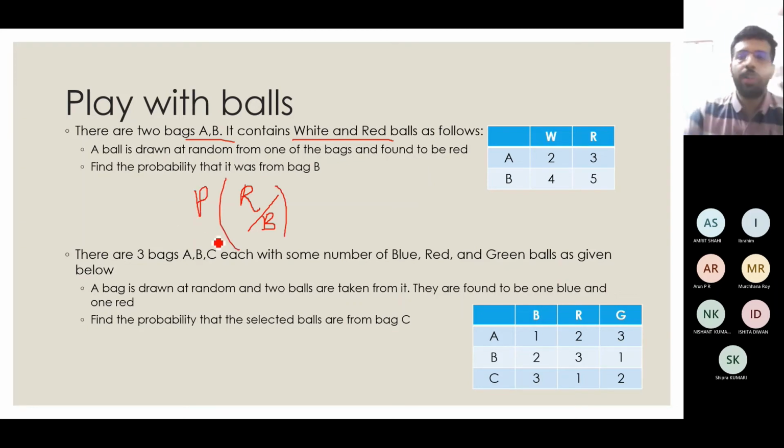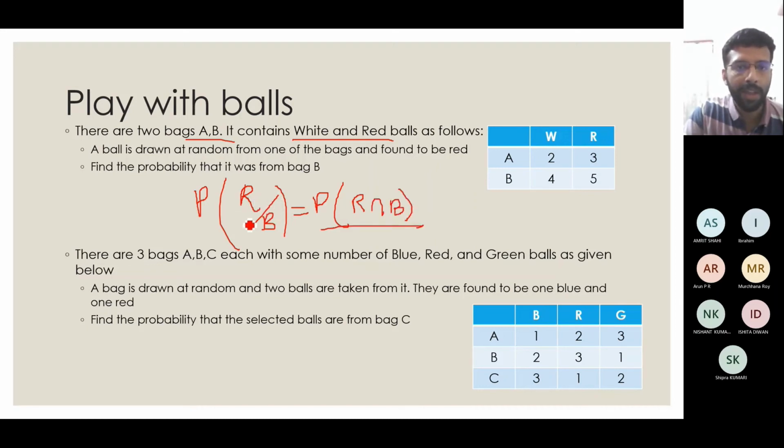As we saw in the previous case, we are supposed to find the probability of R intersection B divided by P of B in this case.